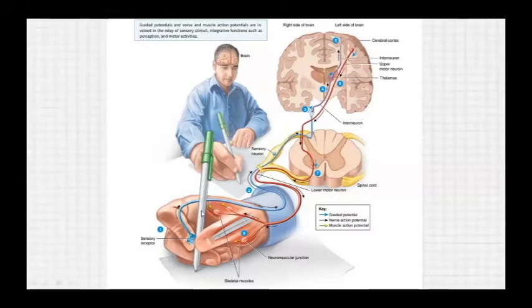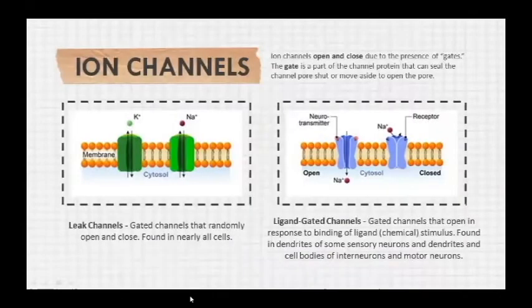So that is the whole process of nerve impulses and how graded potentials and action potentials are produced alternately. As I said a while ago, graded potentials and action potentials both depend on these two factors, the ion channels and the resting membrane potential.